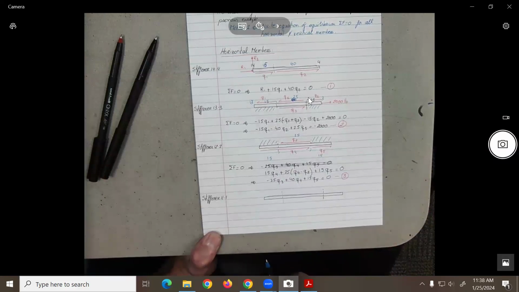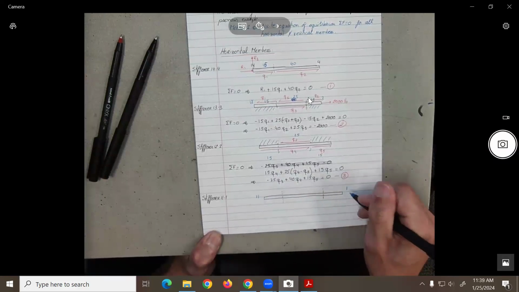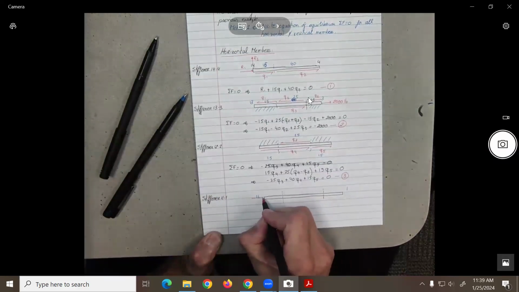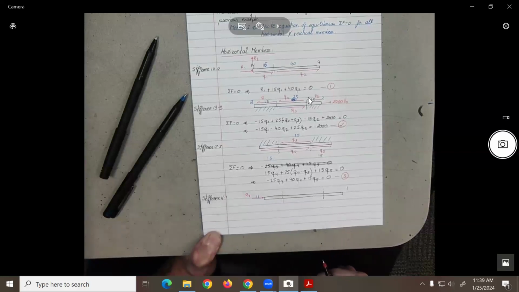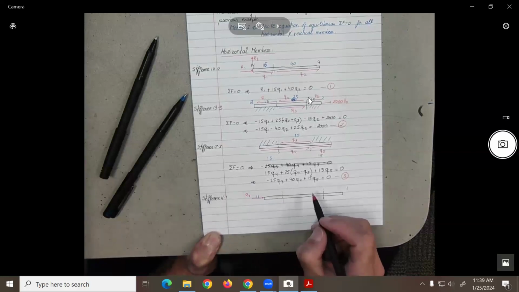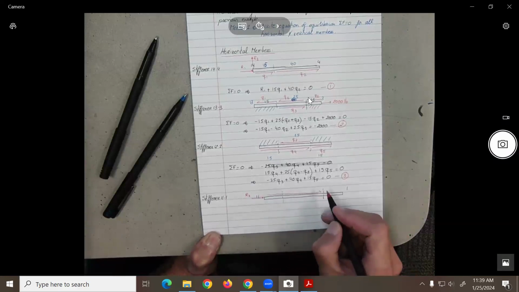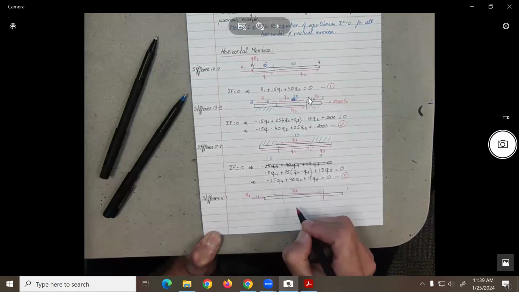Okay, so let's see what we have for 11.1. We're going to have here the reaction force R3. Then what do we have? We have over here Q4.